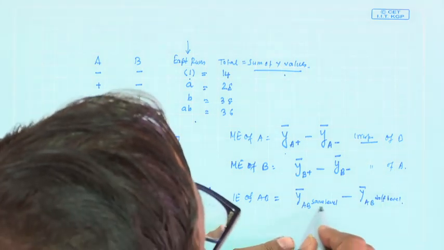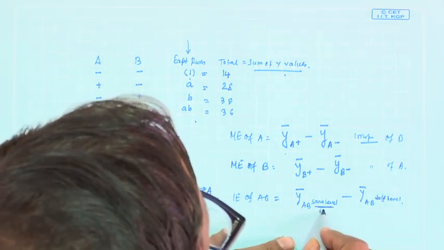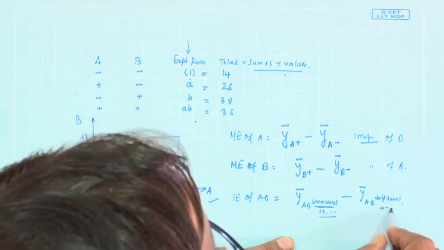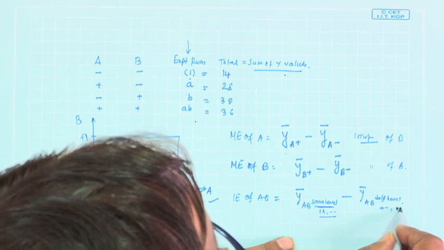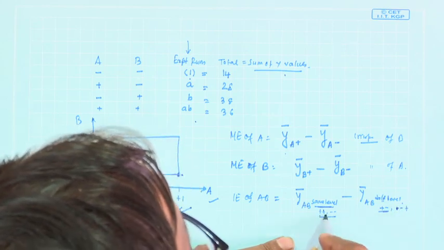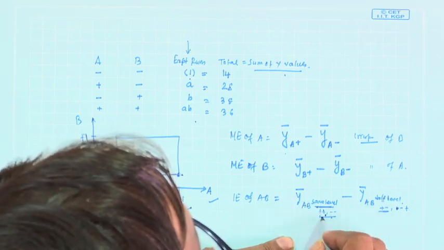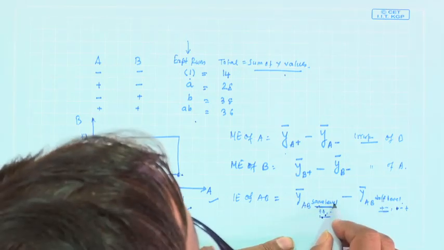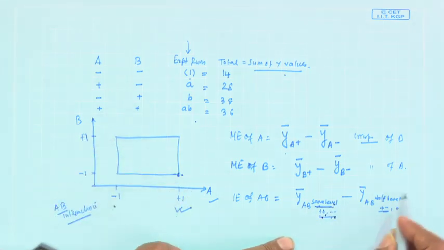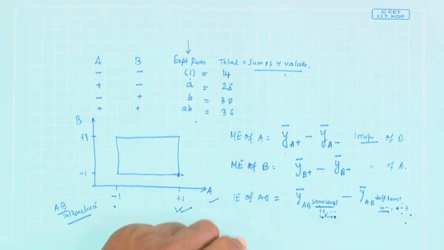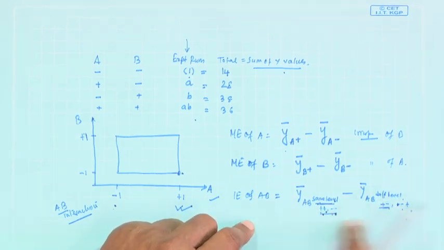The same level means A at positive and B at positive, or negative and negative. Either positive-negative or negative-positive is the different level. A at high, B at high, or A at low, B at low, that is the same level. Here, A high B low or A low B high, that is the different level. So, what is the average of this, and then minus the average of this.